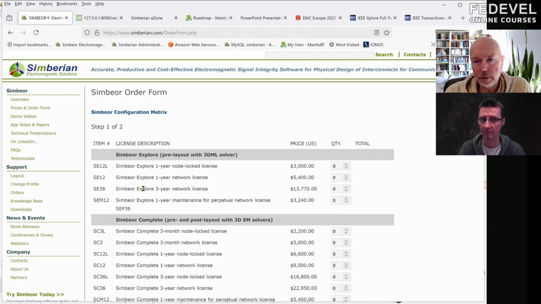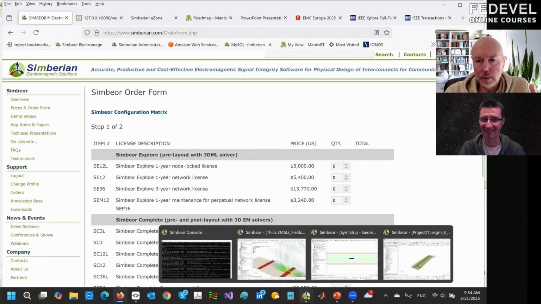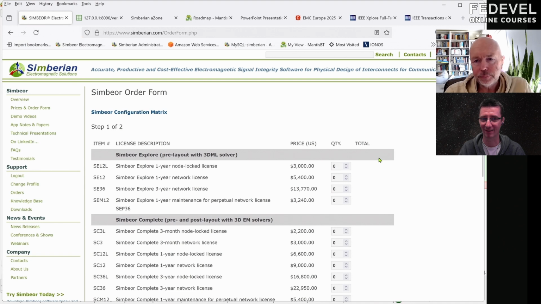I can demonstrate how it looks on a real board. Yes, we can have a look by the end of this video at how your software is used. The Simbeor 3DML solver, based on the method of lines, doesn't have this nice visualization of fields, but it's still very accurate and usually used as the main engine for analysis.